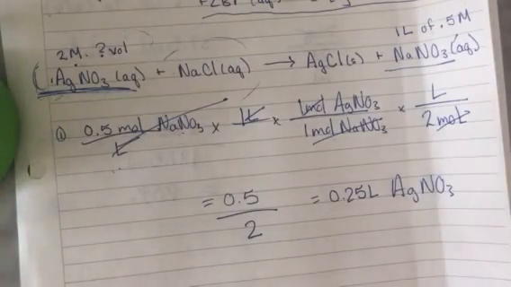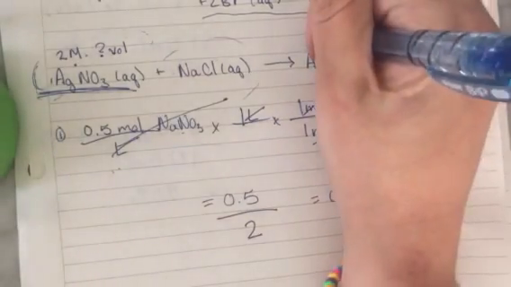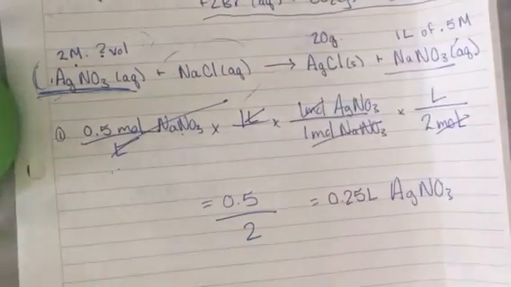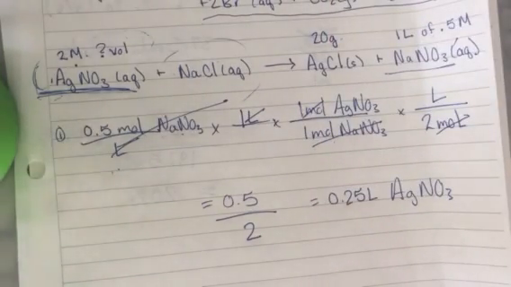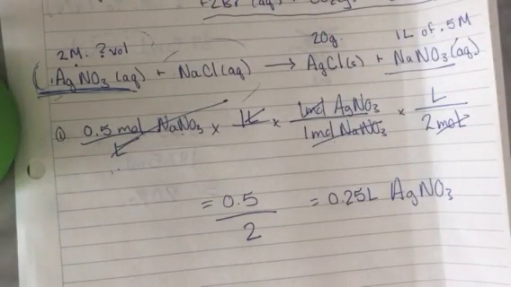Okay, let's just say that I have 20 grams of silver chloride that came out of that reaction. Let me set this up right for you guys. Give me a sec.